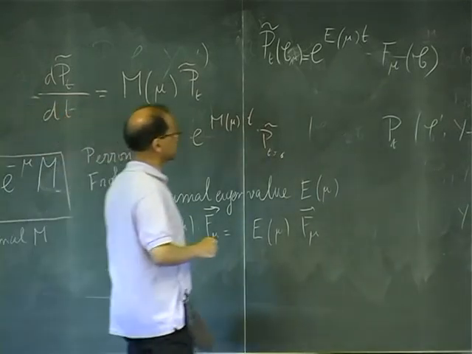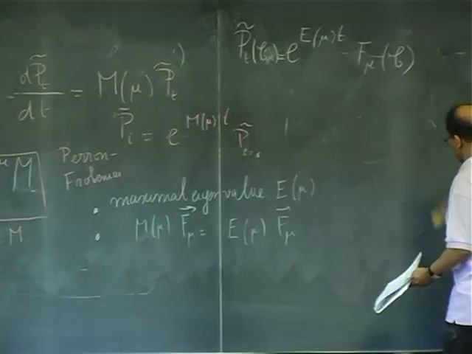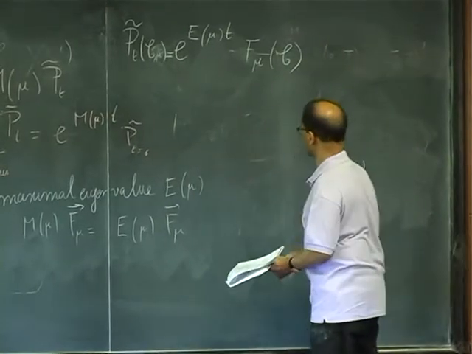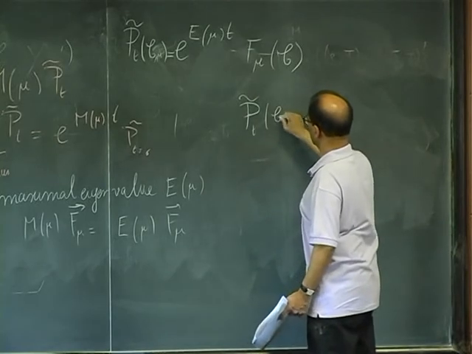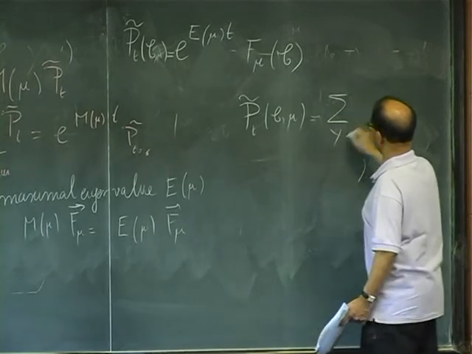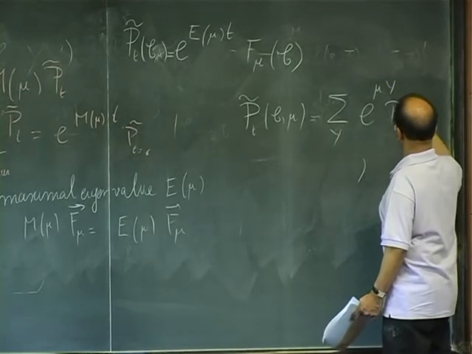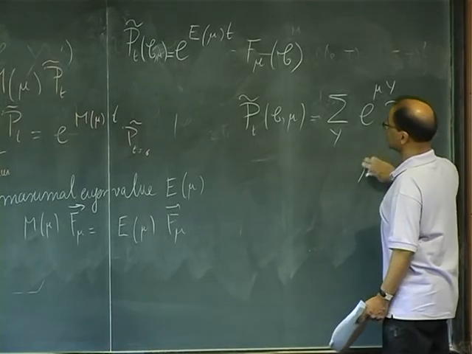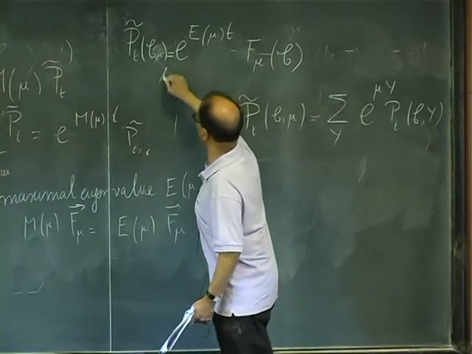So P twiddle C and mu was just a sum over y, exponential mu y, p t, c, and y. This is only in the large time limit, of course.